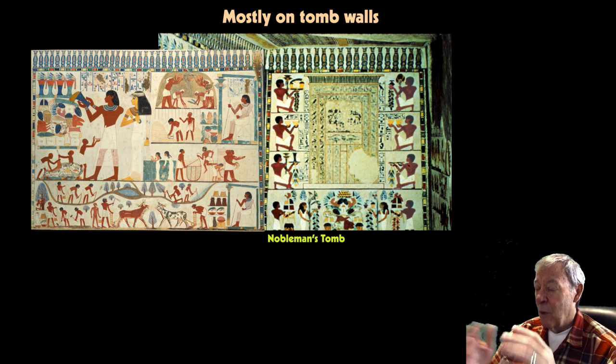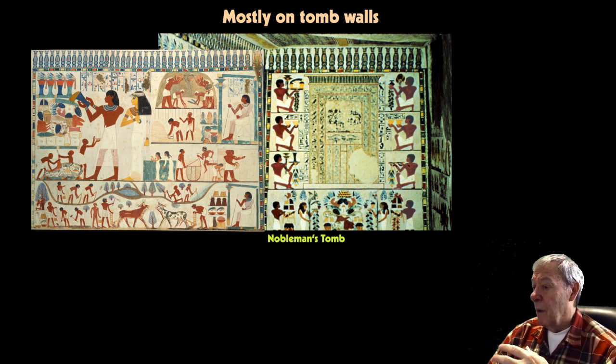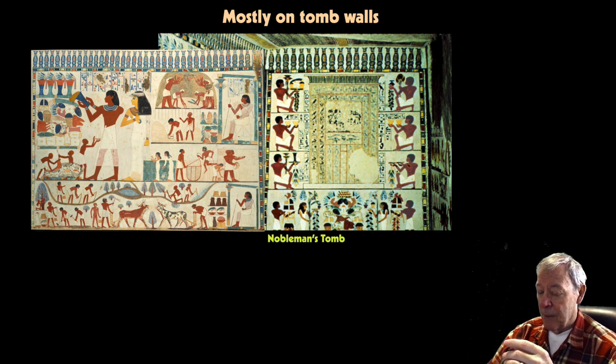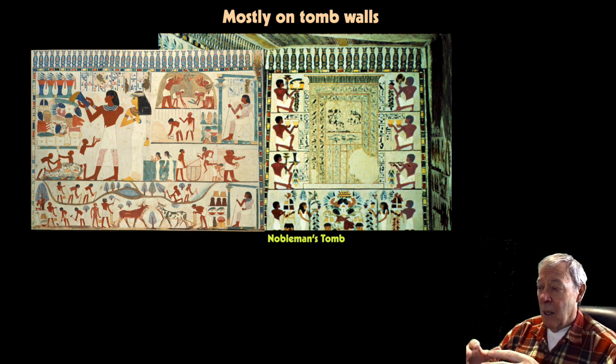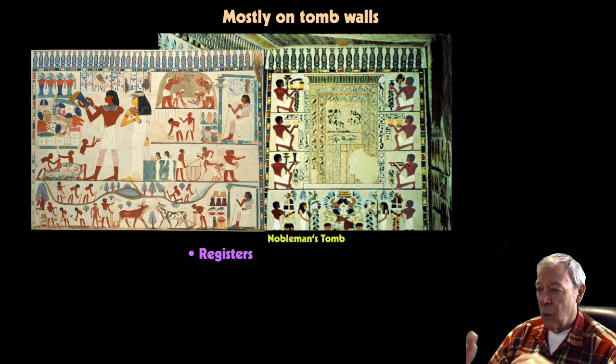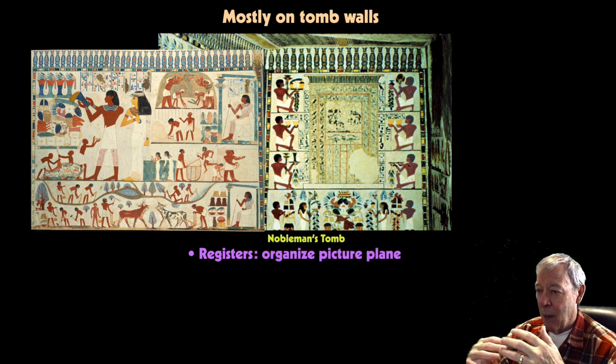And again, the fruitful farm can be equated also to the fruitful and abundant marshes. Okay. You can see clearly that the farm life is divided into registers, again, in order to organize the picture plane in the manner that I spoke about earlier.